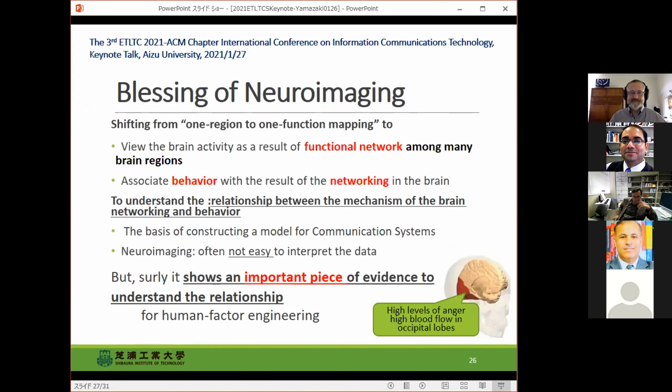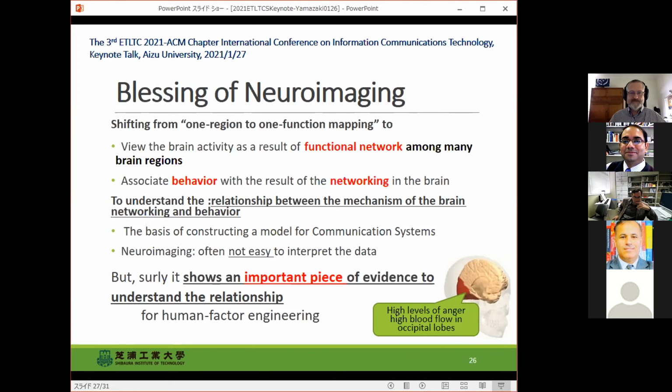Well, as I told you, neuroimaging is not an easy technique, and also people shifting from one region to one function mapping to bringing brain activity as a result of function network among many regions. This is very difficult sometimes.